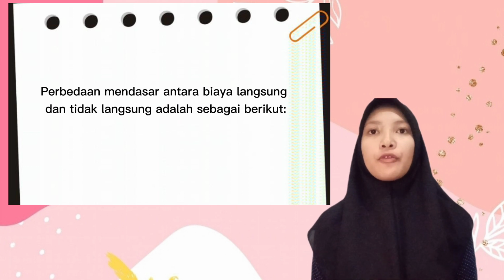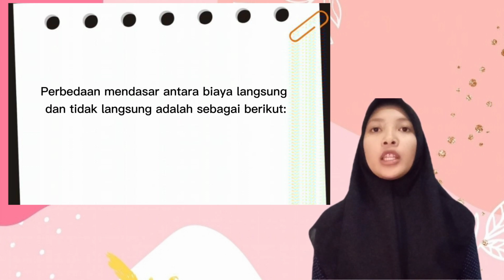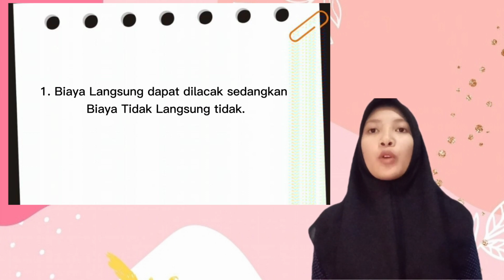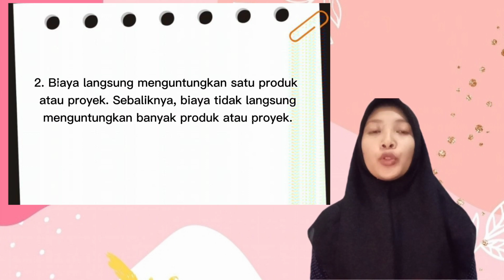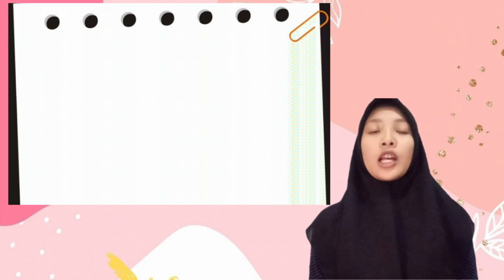The basic differences between direct and indirect costs are as follows. 1. Direct costs can be tracked, whereas indirect costs are not. 2. Direct costs benefit a single product or project. In contrast, indirect costs benefit many products or projects. 3.